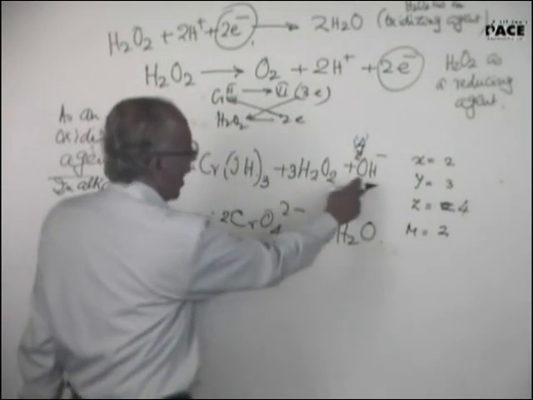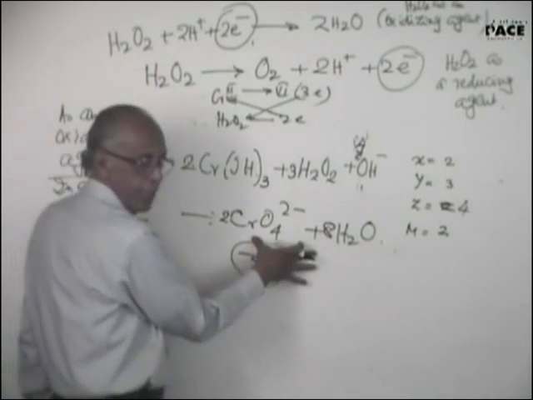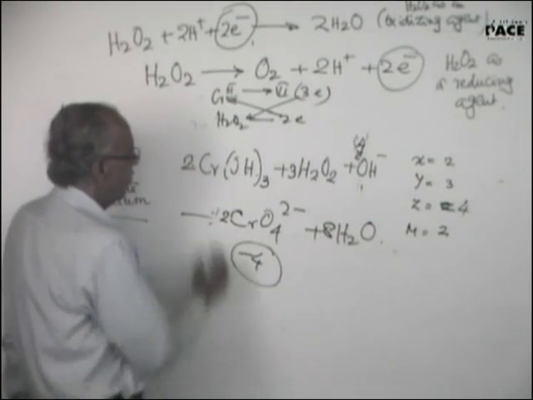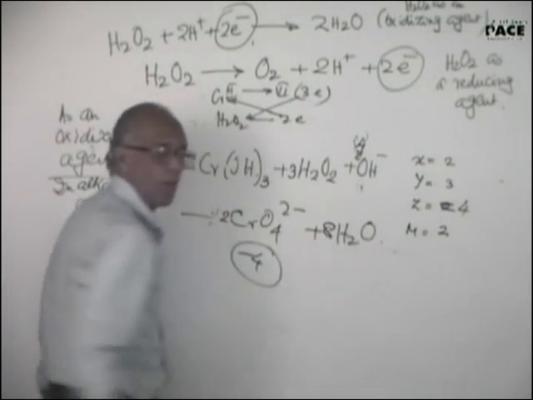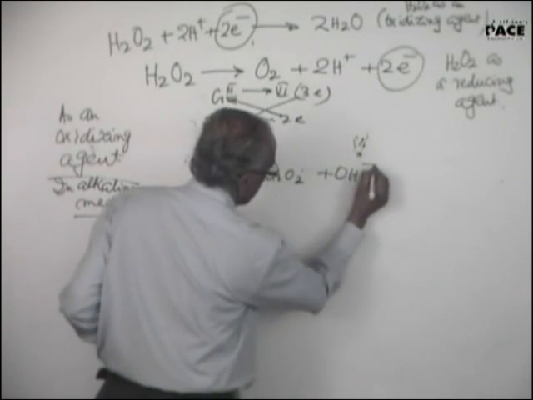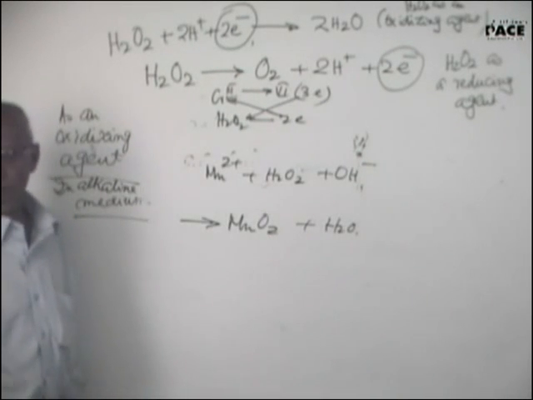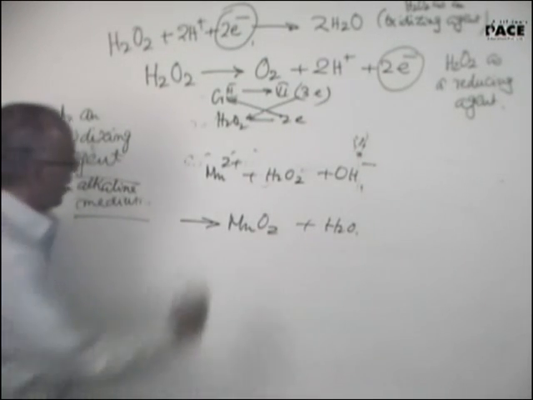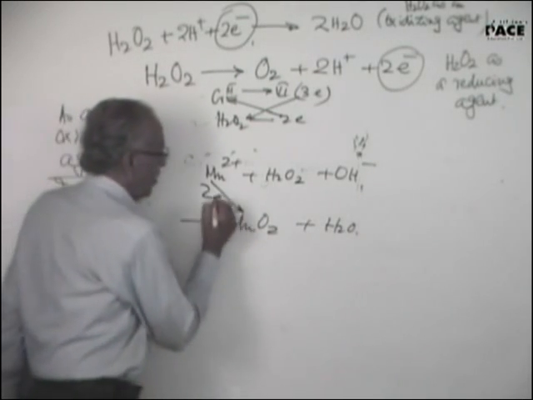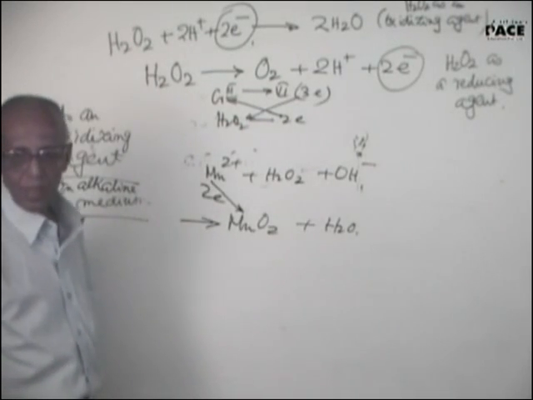The hydroxide ion will depend upon the charge on the right hand side, 4 negative charge. So it has to be 4 hydroxide. This to this, how many electrons change? 2 electrons change. So what is the hydroxide ion? 2 OH minus.